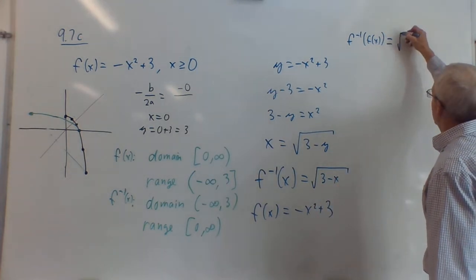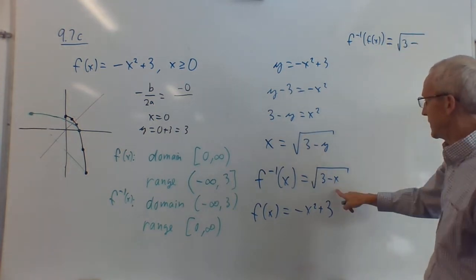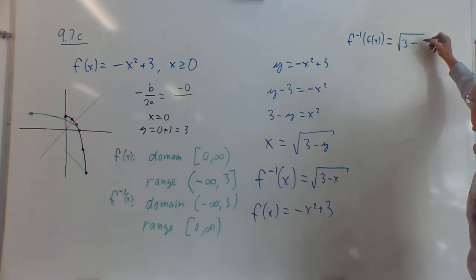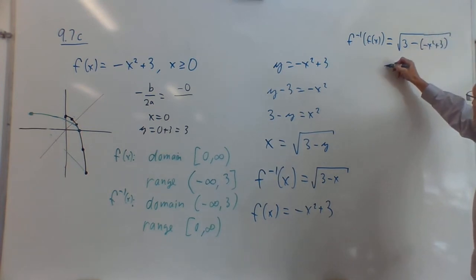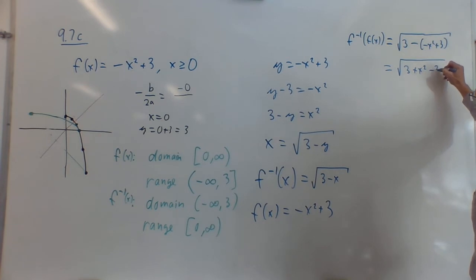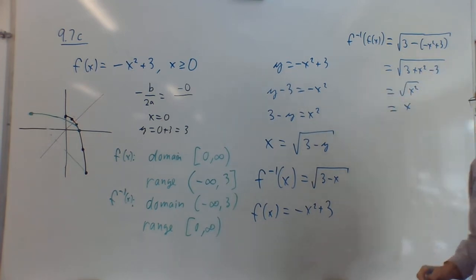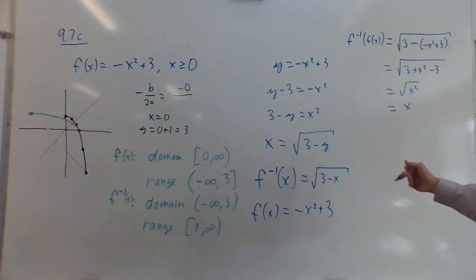So it's the square root of 3 minus negative x squared plus 3, which is the square root of 3 plus x squared minus 3, which is the square root of x squared, which is x, like we're supposed to get. F negative 1 of f of x is supposed to give us x, which it does.